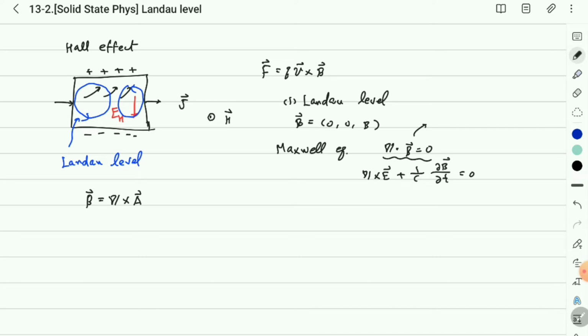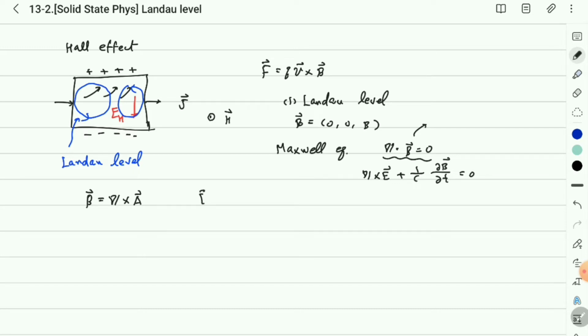And curl means the rotation of some electromagnetic field, but divergence means the diverging direction of the field.